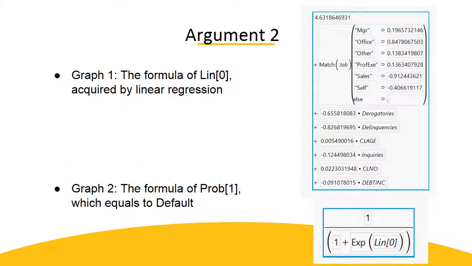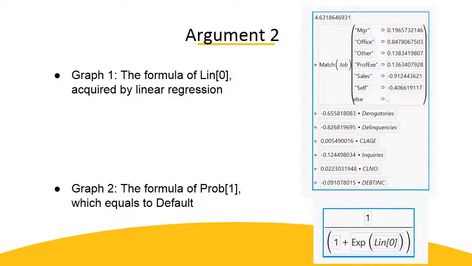And how do we conclude that? As you can see, the first graph is a formula of Line 0 acquired by the linear regression, saving the formula, and those negatively related have the minus symbol in the formula, and those positively related have the plus symbol.